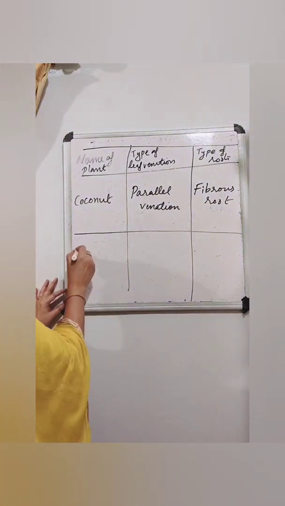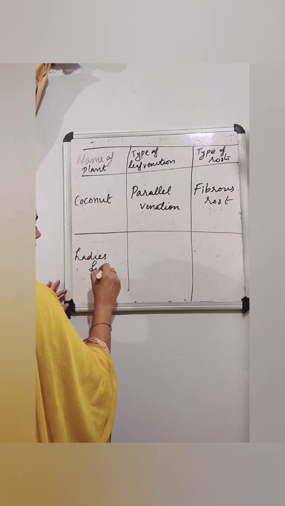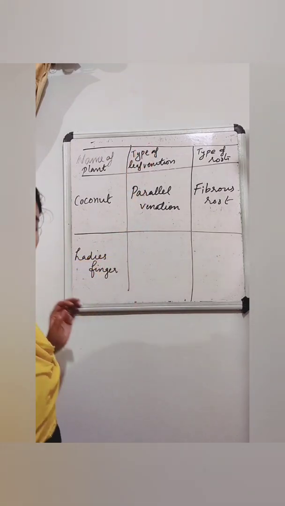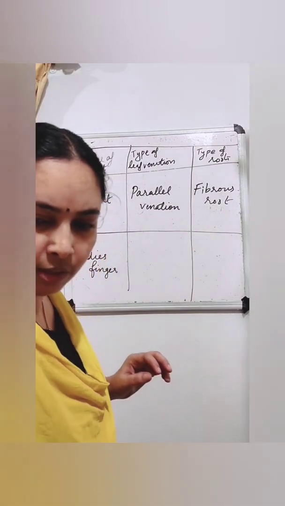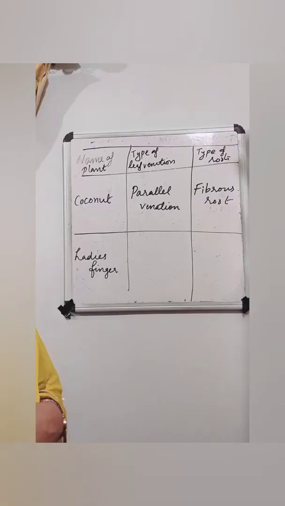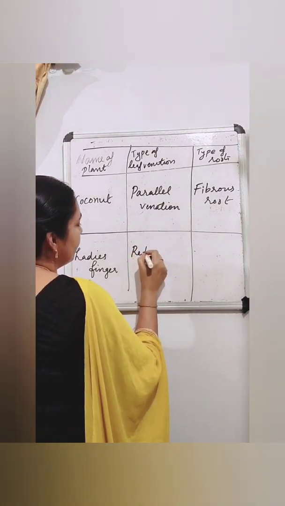Then next, lady's finger. So what is the type of leaf venation in a lady's finger? It is reticulate venation.